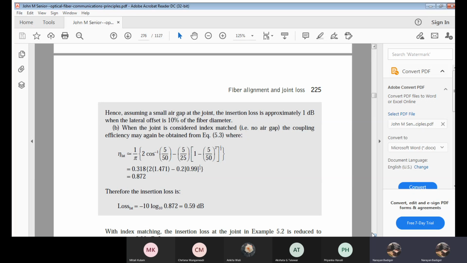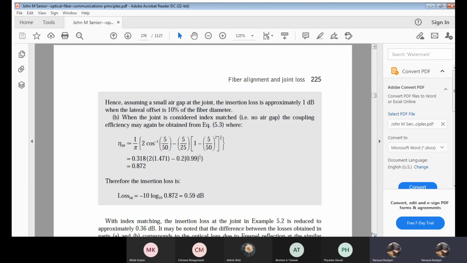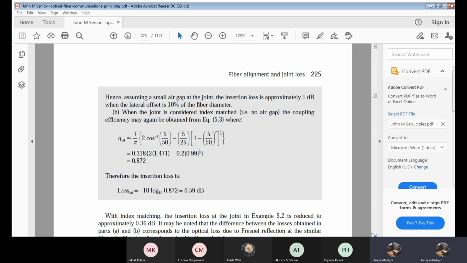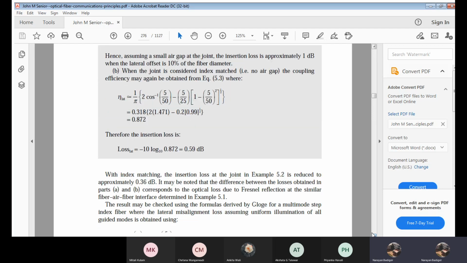So it is 1 over pi, 2 into cos inverse of y by 2a, minus y by a into the square root of 1 minus (y by 2a) squared. Okay, just try to remember these equations. Now based on that efficiency, I can easily calculate the insertion loss.